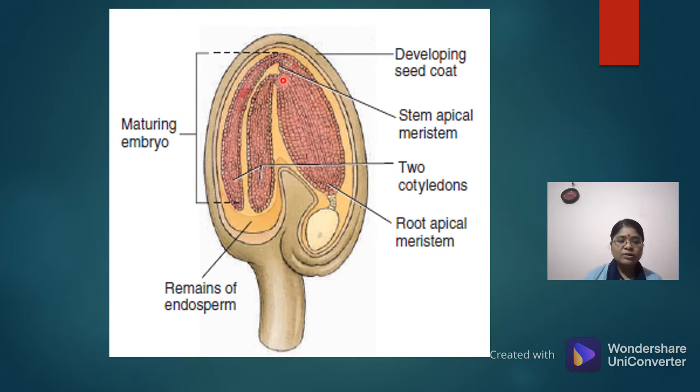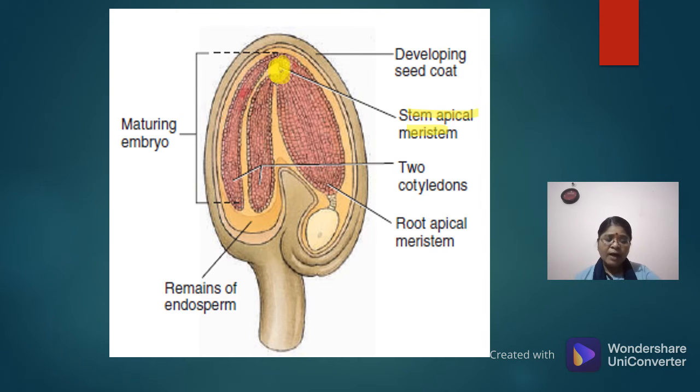And you can see here, this part is your shoot apical meristem. Meristematic cells, you know, they are totipotent cells. They are undifferentiated cells. We have talked about it earlier, and they can differentiate and give rise to various other parts of the plant.